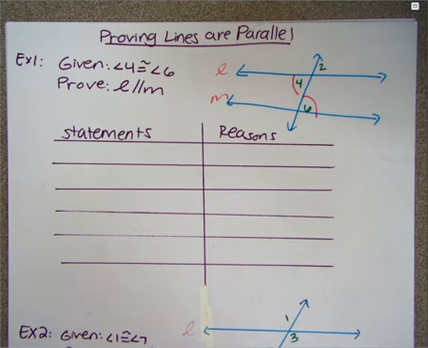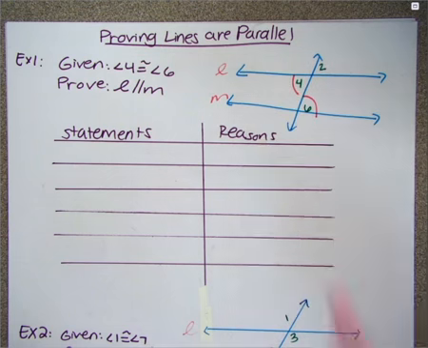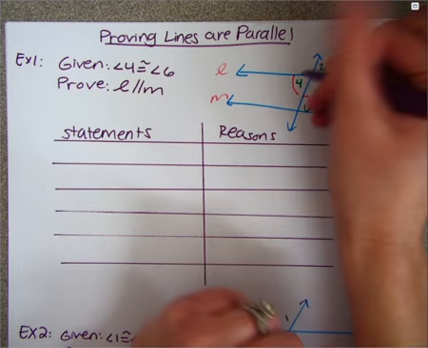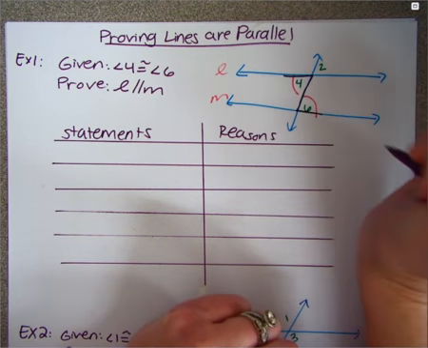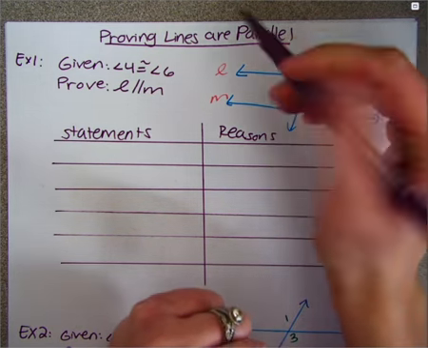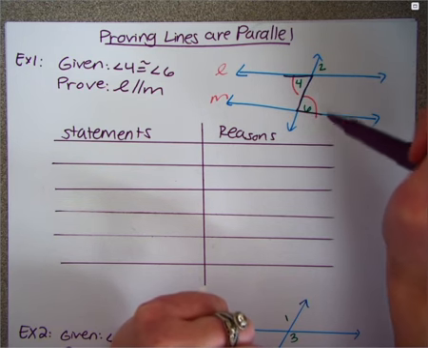Now, I was given that angle 4 and 6 are congruent. If I trace over these angles, what letter forms? Oh man, the Z forms. So I'm given that alternate interior angles are congruent.